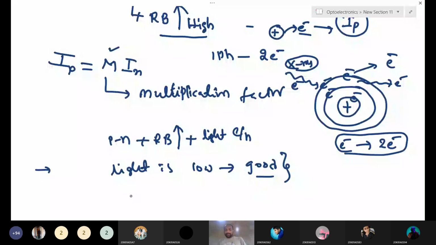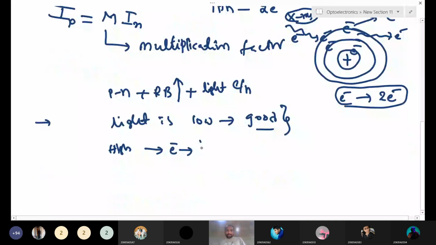It is the same thing, only here we are using impact ionization. So we are giving high energy to the electron. This electron makes a collision with the phosphorus atom, these donor atoms or ionized donor atoms. We are drawing a plus sign.